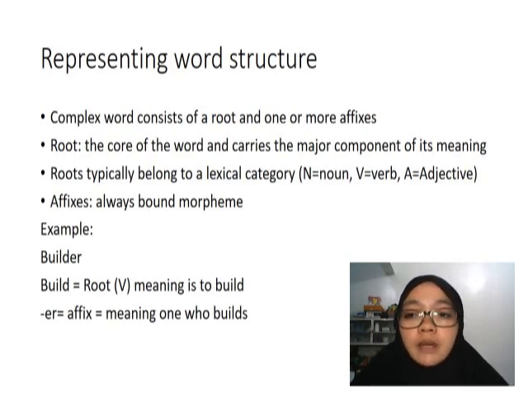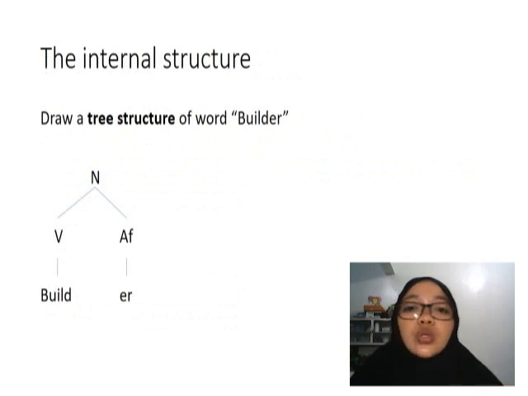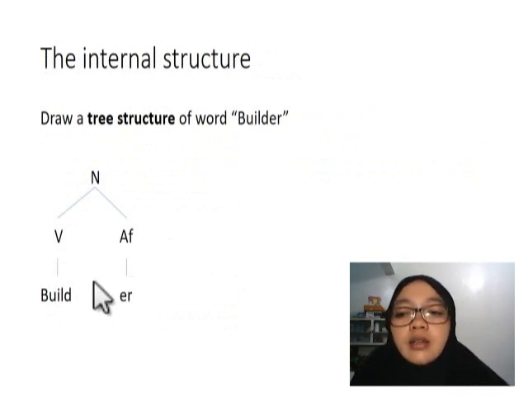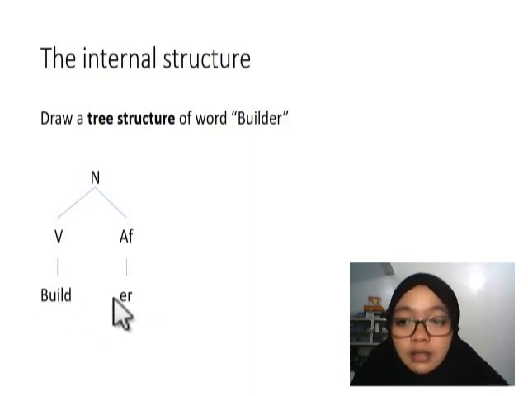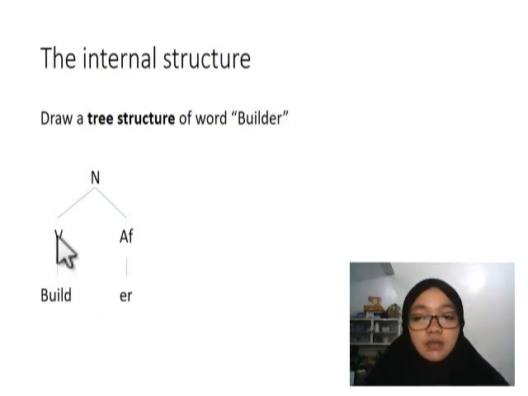To represent this structure, we use a tree structure. Here we draw the tree structure of the word builder. The first step is to identify which one is the root and which one is the affix. For builder, we have build and er. For build, the lexical category is verb.